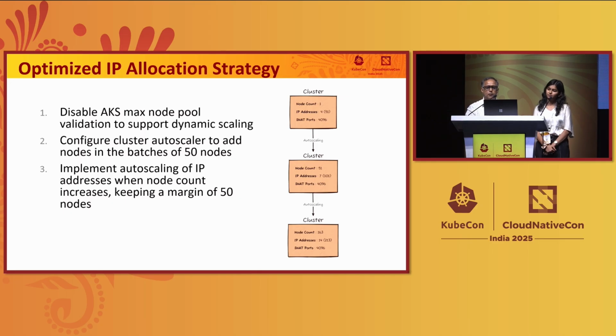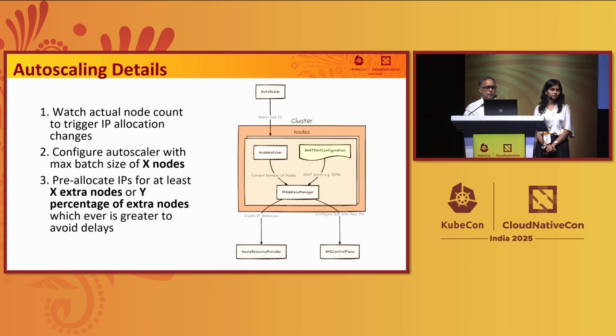Now because we have IP addresses for 50 more nodes, it can add 50 nodes. And then we see that the number of nodes has increased, we can add more IPs, and then it can add more nodes to the cluster. To implement this strategy, we run an agent in the cluster which watches the node count of the cluster, and we have a CRD which tells what the number of SNAT ports is that needs to be configured on the node.